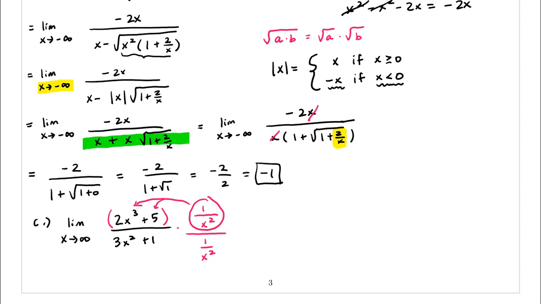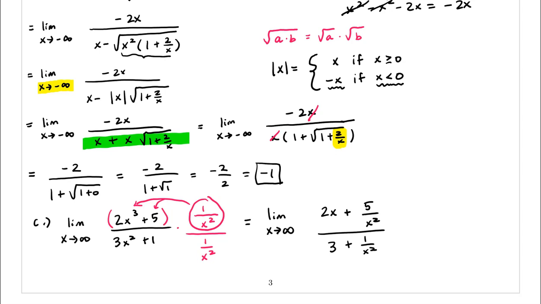In the numerator, we get the limit as x approaches infinity of 2 over x plus, no, that's not right. That would be 2 times x, because the numerator has the higher power, so it'd be 2x plus 5 over x squared, over 3 plus 1 over x squared.